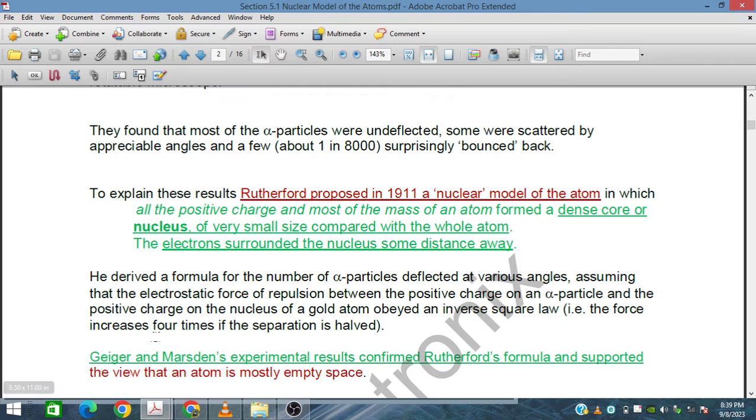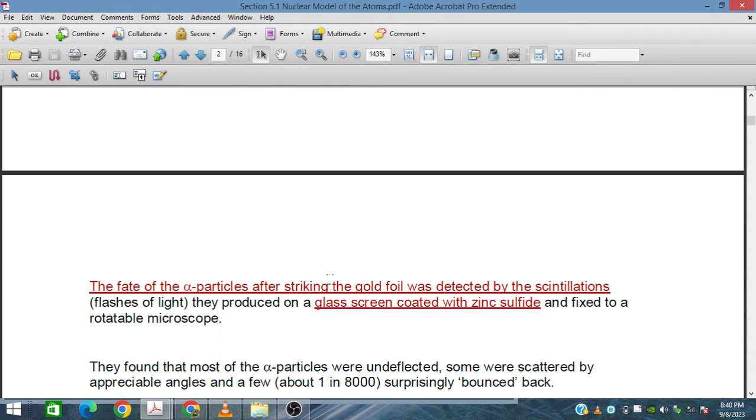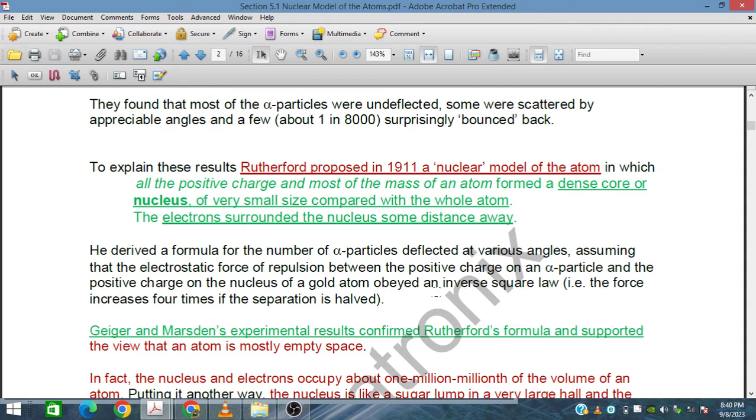That is, the force increases 4 times if the separation is halved. The results of the experiment obeyed this inverse square law.